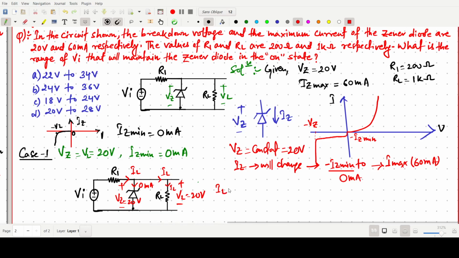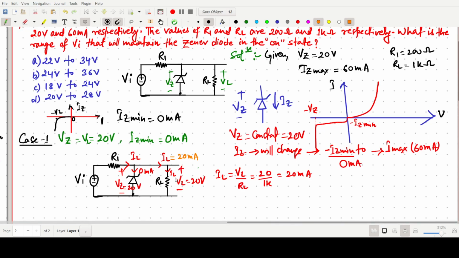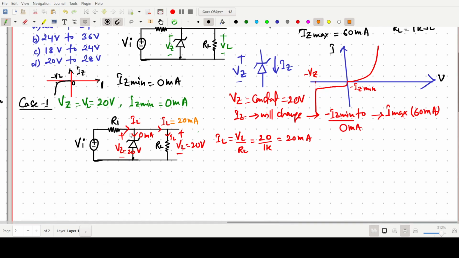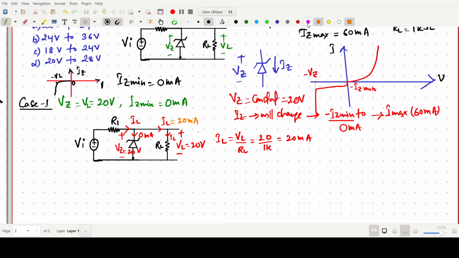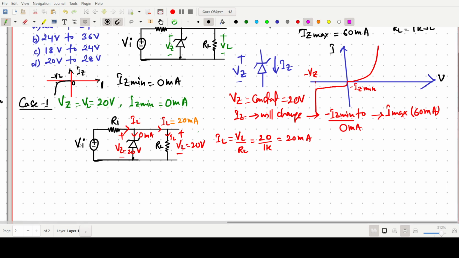This IL value will simply be VL by RL, that is 20 by RL, and RL is given as 1 kilo ohm, so it should be 20 milliampere. So in this case 20 milliampere current is flowing, and the Zener current will be 0. After that, what we have to find is this VI.